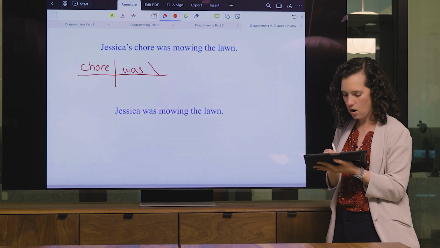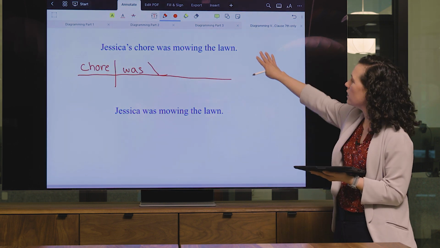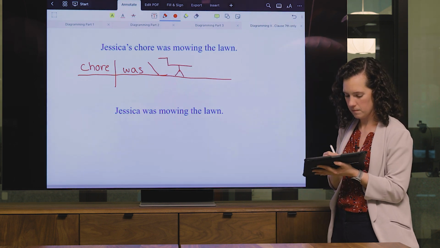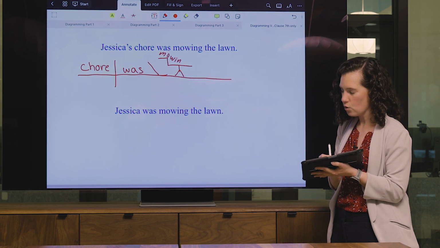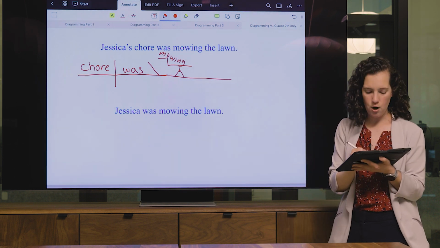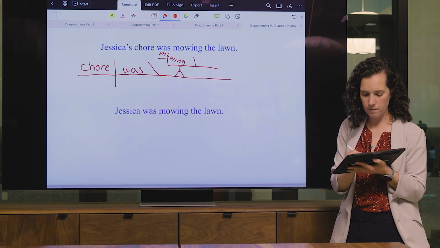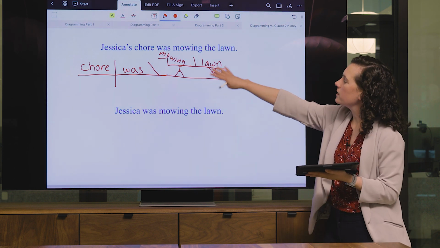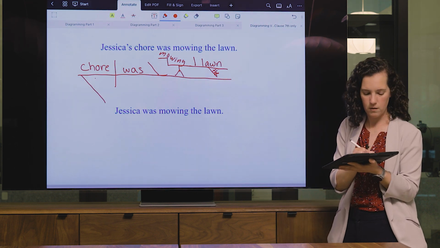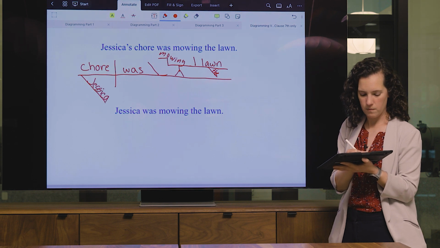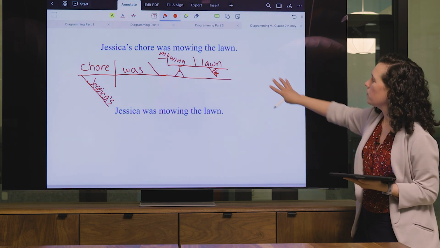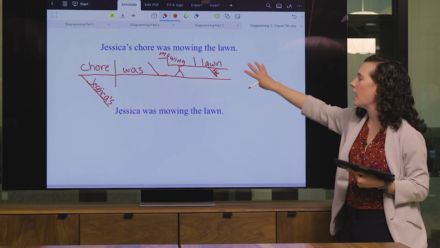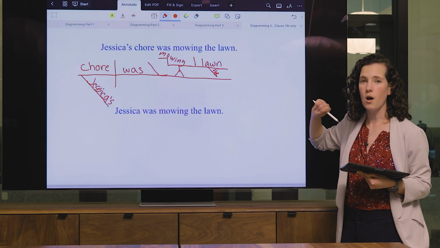So it is a predicate nominative that's a gerund phrase. The chore was mowing, and lawn is that object. And Jessica's tells you whose chore it was. So this has a gerund phrase in it. The chore is your subject, was is your linking verb, and what was the chore? The chore was to mow the lawn.